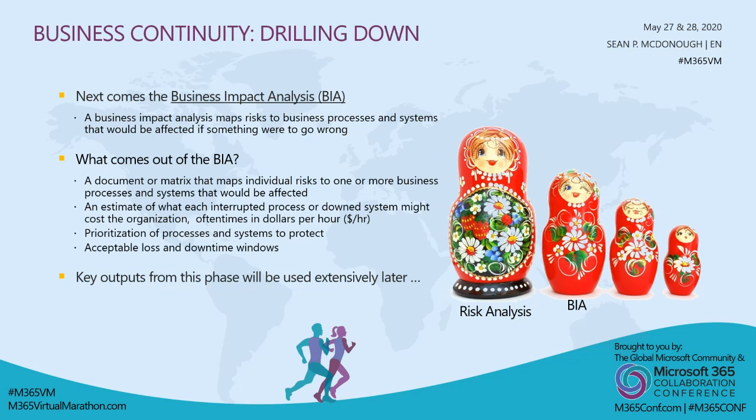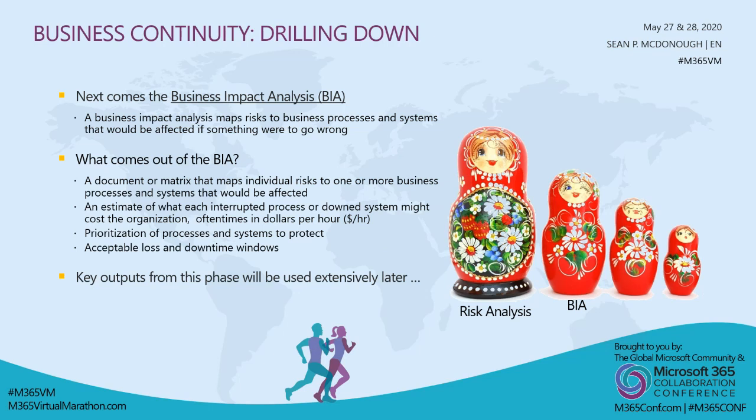But the business impact analysis is where we, like I said, map risks to business processes. And what we're trying to do is build a matrix of risks. Ultimately, we're trying to get down to dollars per hour of lost time for each element. If you think of an Excel spreadsheet, line items, each row has a dollar amount associated with it.